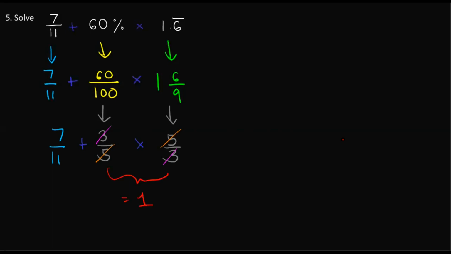And so we simply have 7 over 11 plus 1, or 1 in order to have the same denominator as the one on the left would simply be 11 over 11. And so the final answer for this one is 18/11.